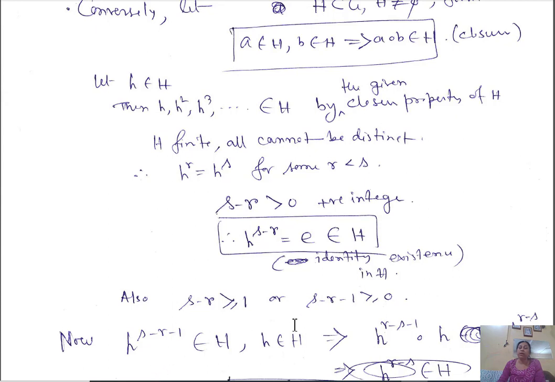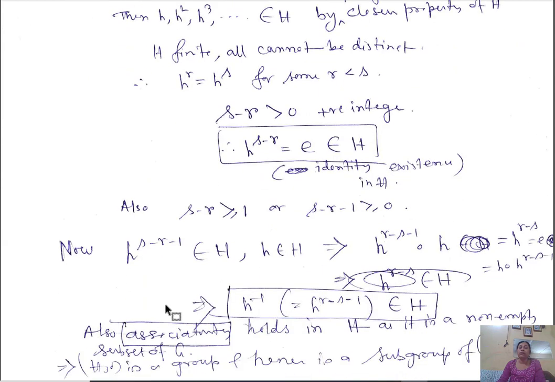Now h to the power s minus r minus 1 belongs to capital H by the closure property, by keep on applying the composition on h itself. So this belongs to capital H, and small h also belongs to capital H. By the closure property, their composition also belongs to capital H. What is the composition?